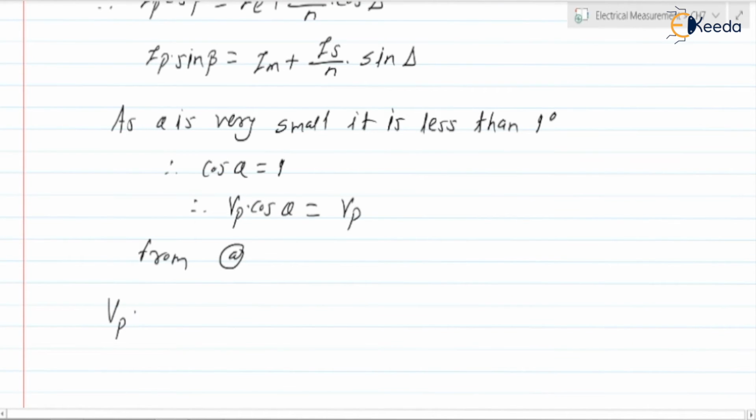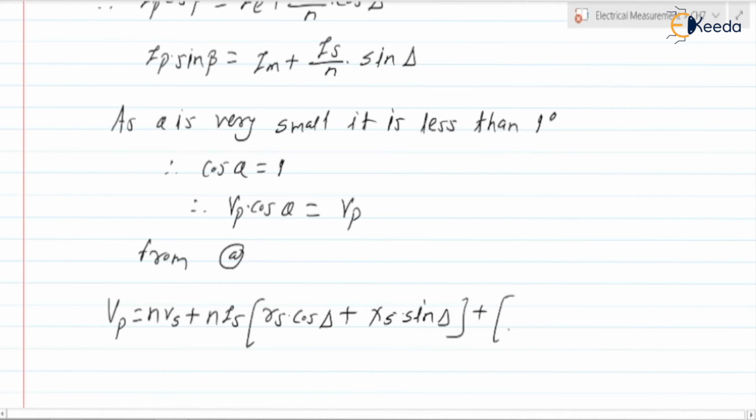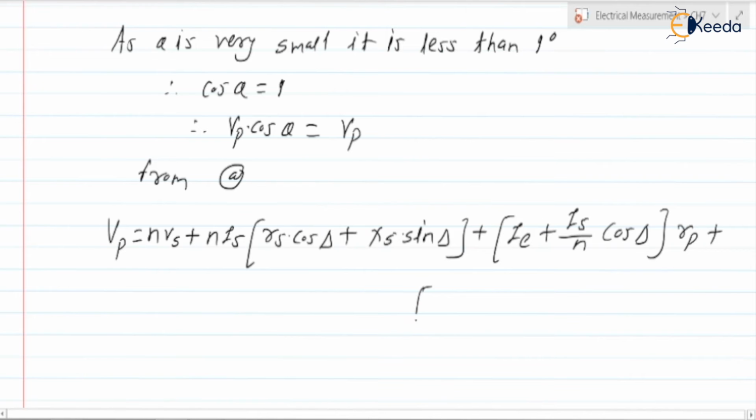We can write Vp is equal to n into Vs plus n into Is into (Rs cos delta plus Xs sin delta) plus (Ie plus Is by n cos delta) into Rp plus (Im plus Is by n cos delta) into Xp.